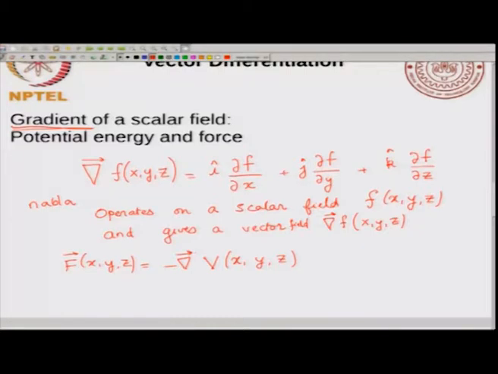It takes the scalar field, which is the potential, and converts it to a vector field, which is the force, and the operation which converts it is the negative times the gradient. This is a very common application, and we see this in quantum mechanics regularly.